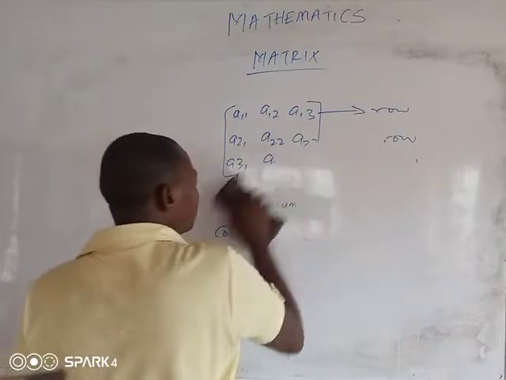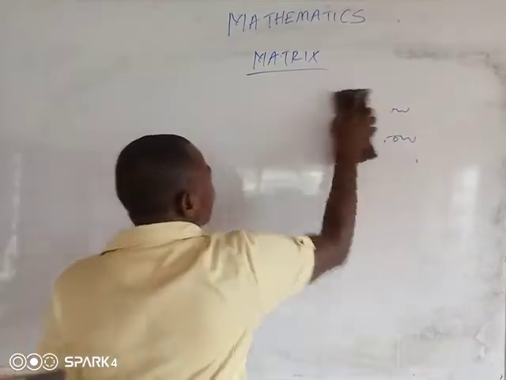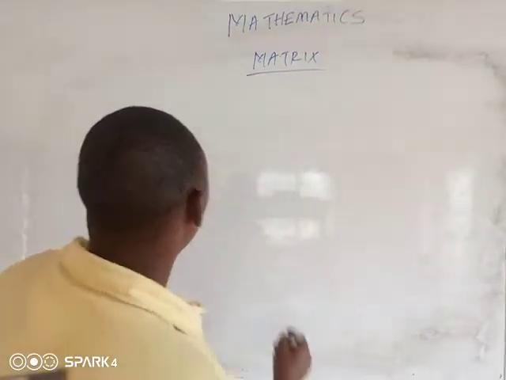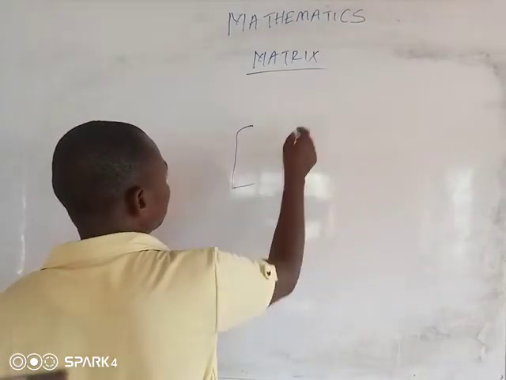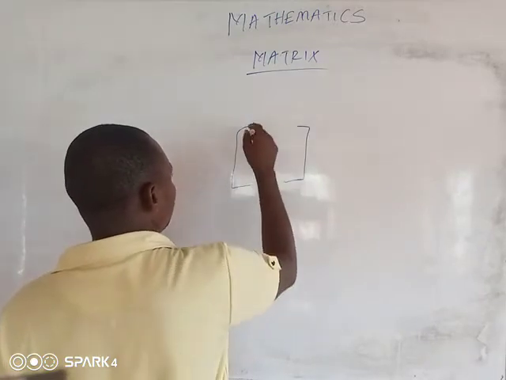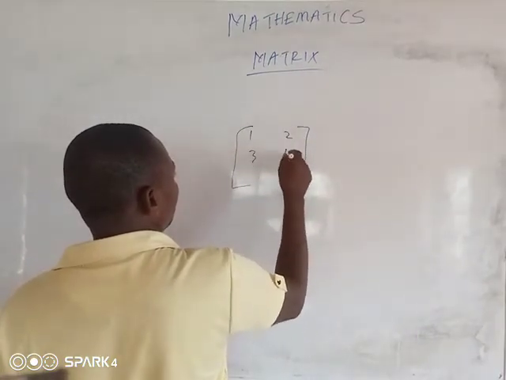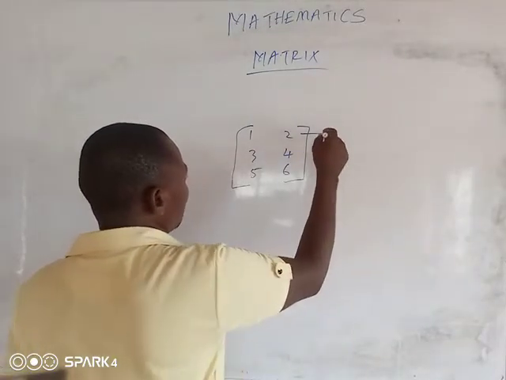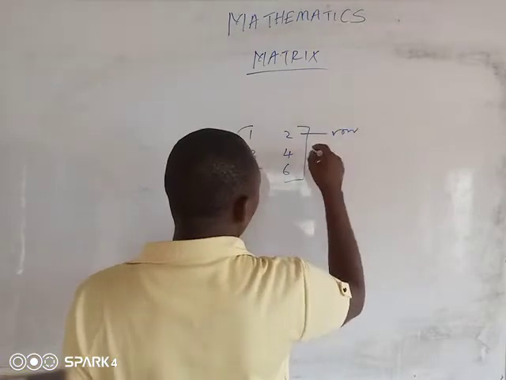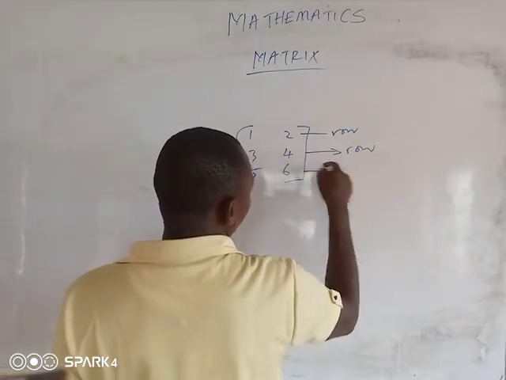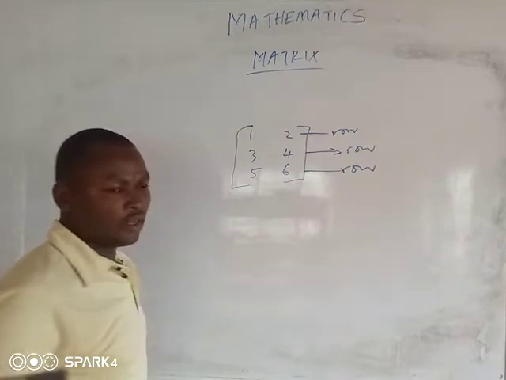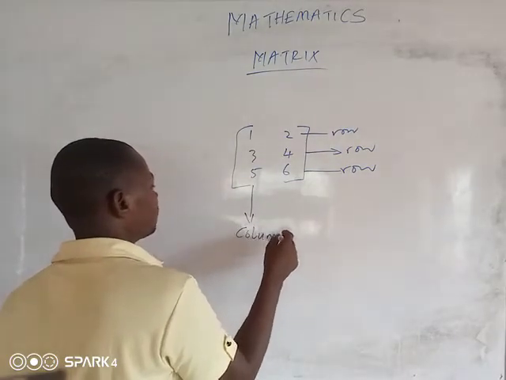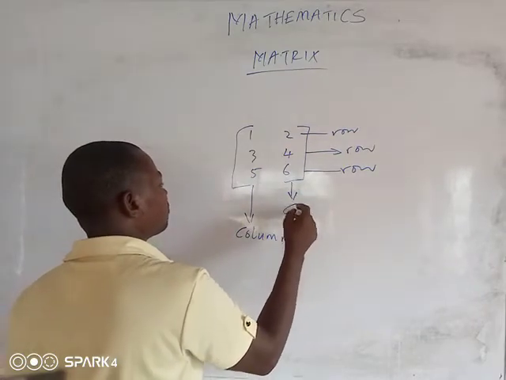Another kind of arrangement is this. So we have 1, 2, 3, 4, 5, 6. We have a row, another row, and a column, another column.